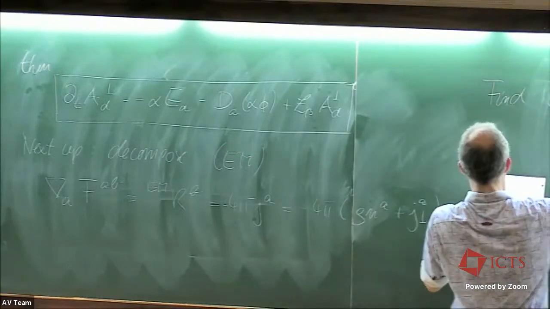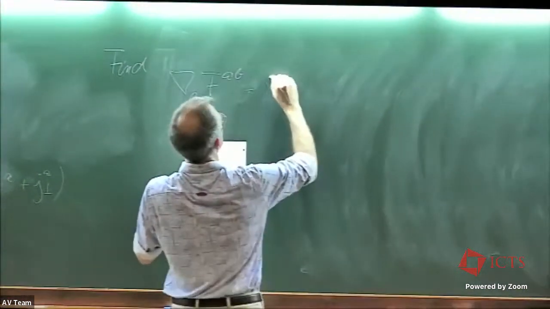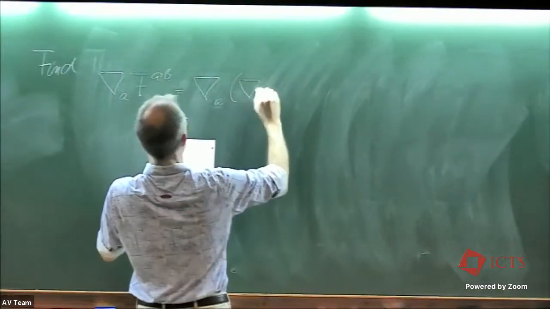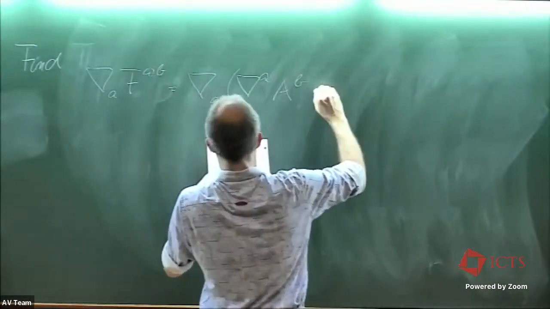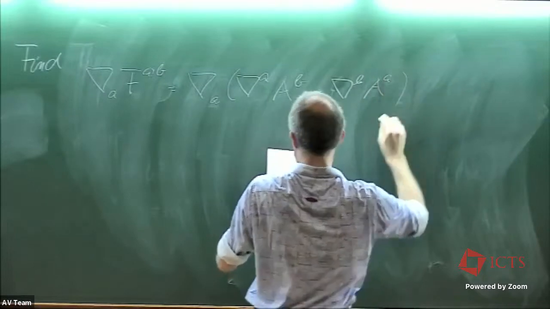We would find that F_AB equals, okay, so this is the same as nabla_A A_B minus nabla_B A_A, okay.